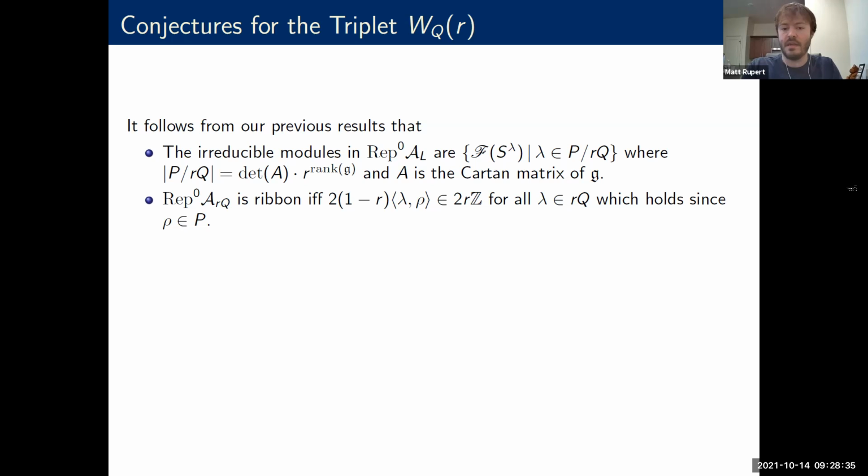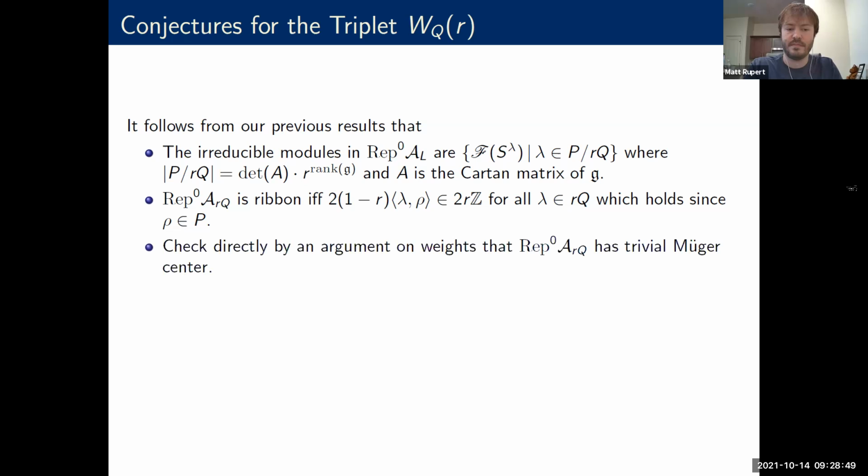We have our condition for when this category is ribbon, and it's easy to see that this just always holds because the Weyl vector is in the weight lattice. And we can check directly, using an argument on weights, that this category has trivial Müger center. So you need to check that the condition I stated before in the previous proposition does in fact hold for this example.